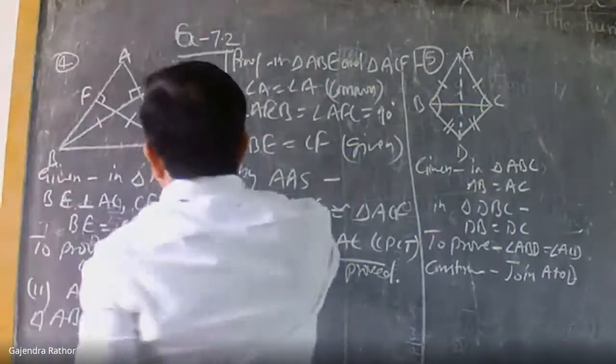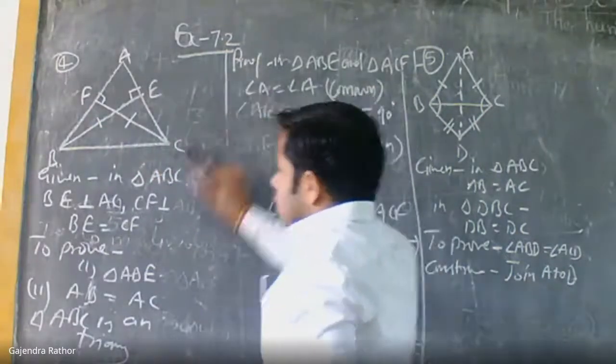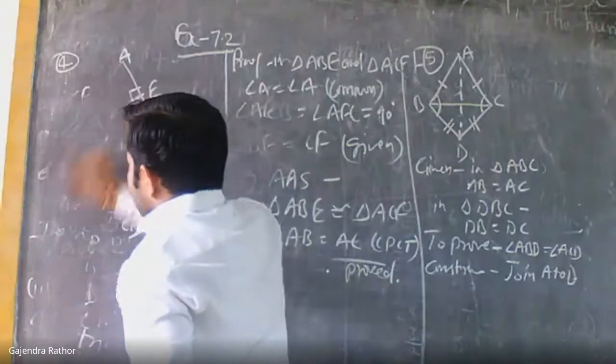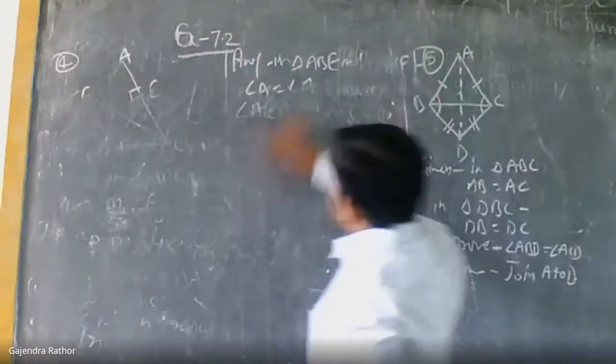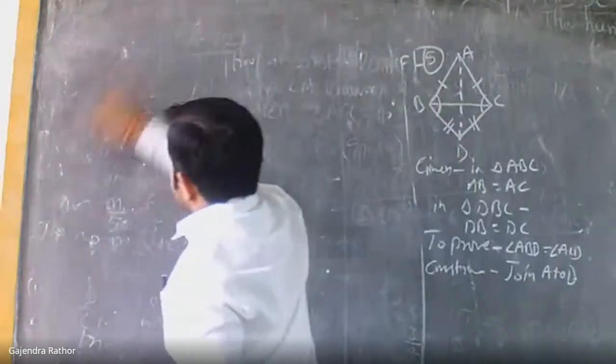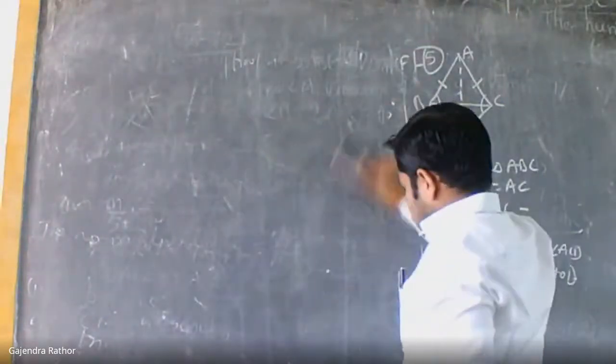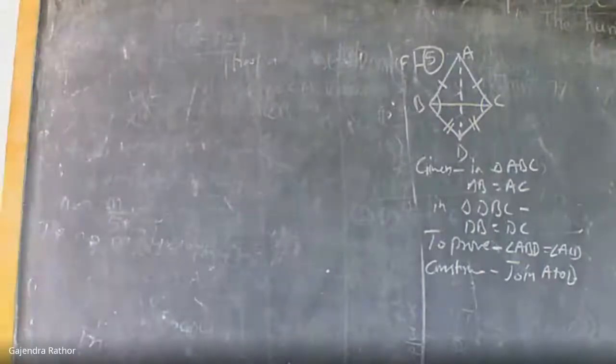All of you find the three corresponding equal parts in both of the triangles and reply.